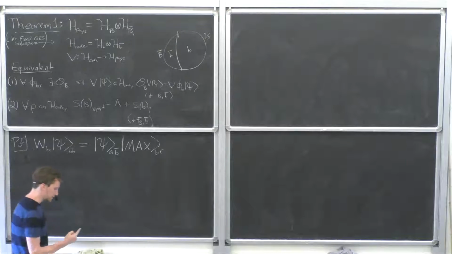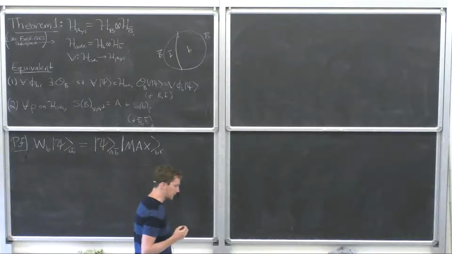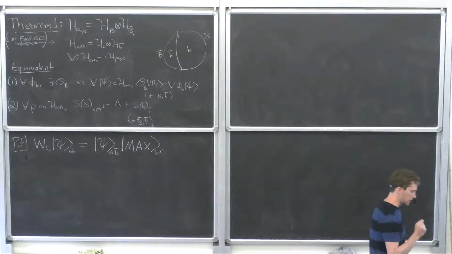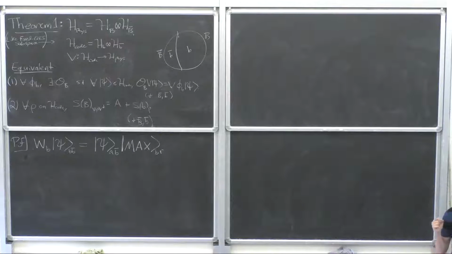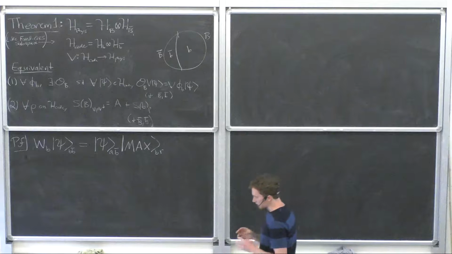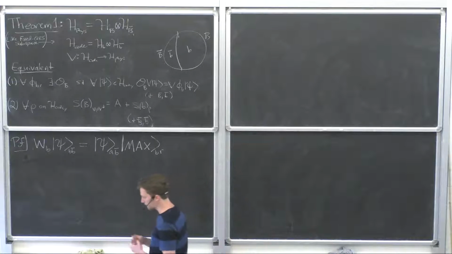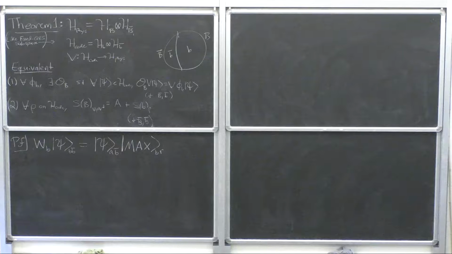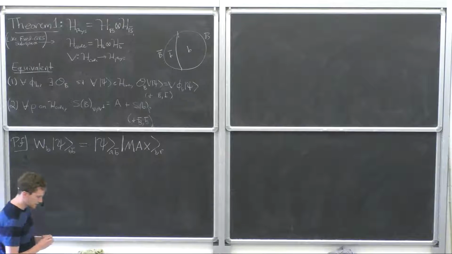They used the extrapolate dictionary to derive what's now called the HKLL reconstruction scheme. It's not clear how generally it works. It doesn't seem like it always works inside of black holes, for example, because of the singularity.